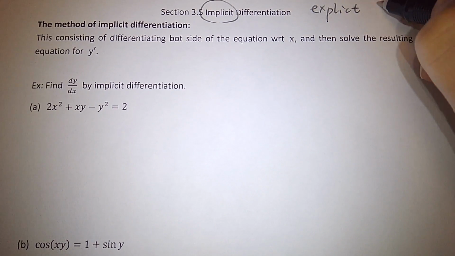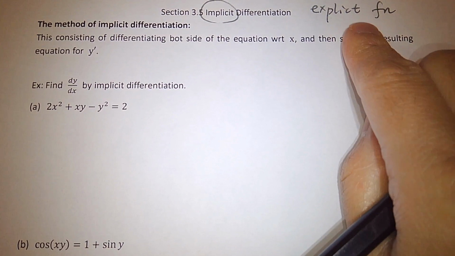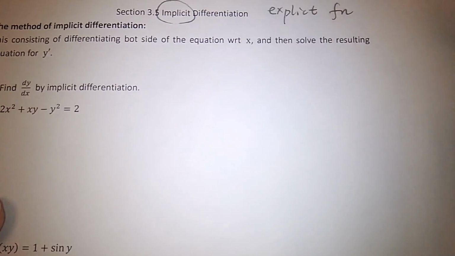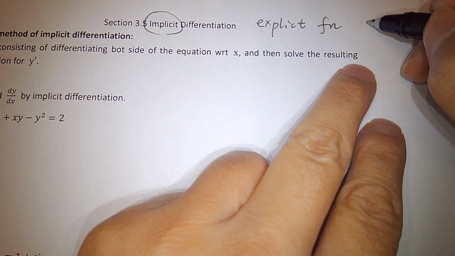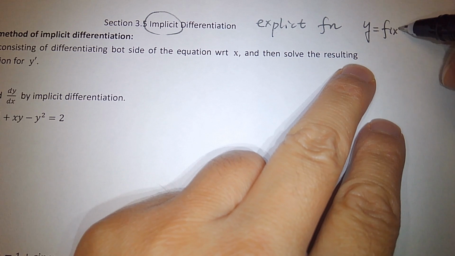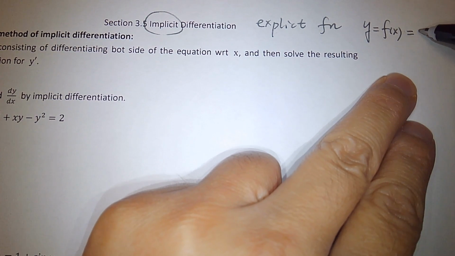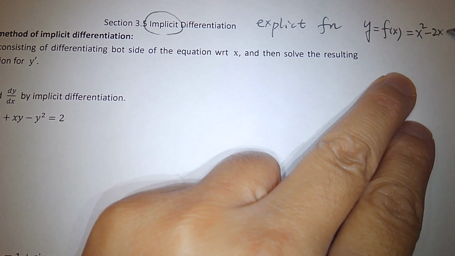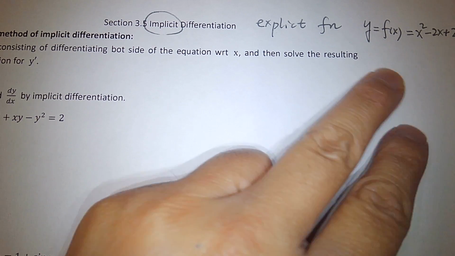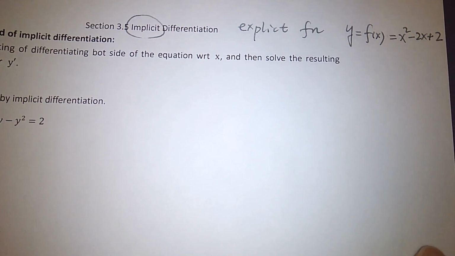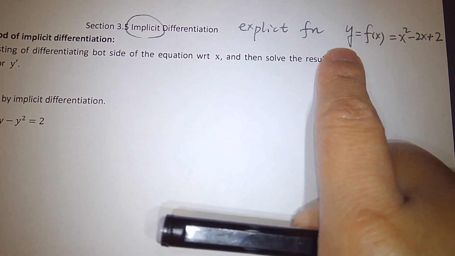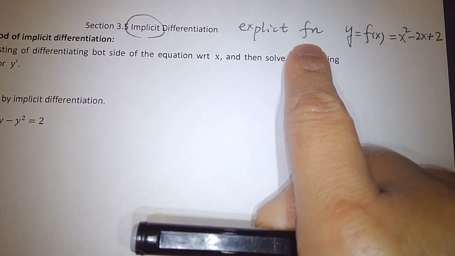Okay. Function. What kind of function is called an explicit function? Example: y equals f of x equals x squared minus 2x plus 2. I just pick a function, whatever. We call this an explicit function because what?